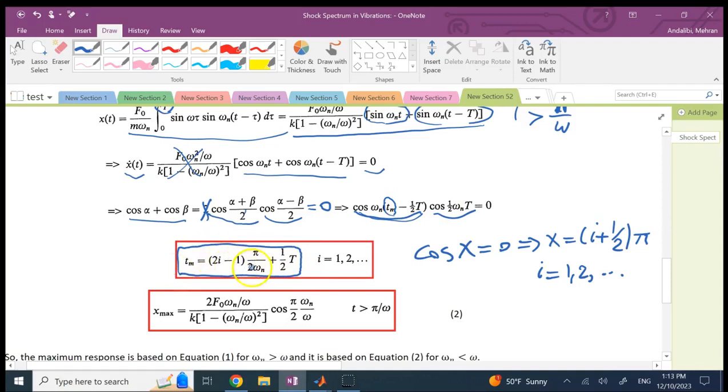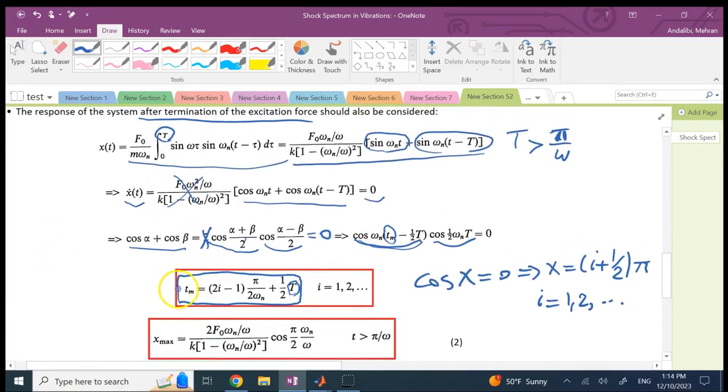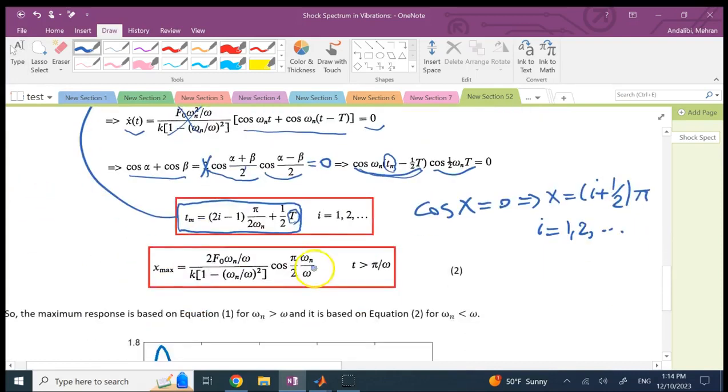So it's going to be (2i minus 1) times pi over 2 omega n plus 1/2 t, and t here is the time from 0 to t used for evaluation of the response. Plug it back into x here, plug it back here, and you get this bottom function here. Okay, so this is the maximum when t is what? Bigger than pi over omega, when the excitation force is gone.